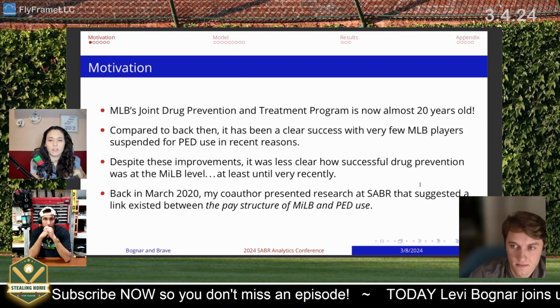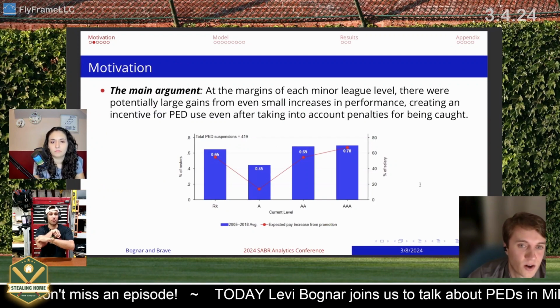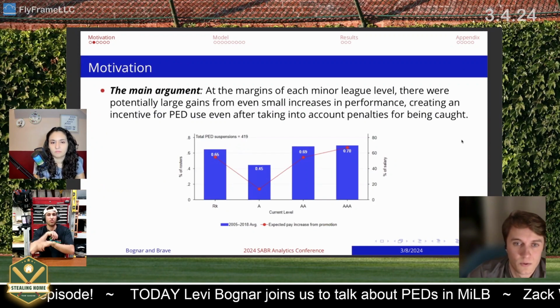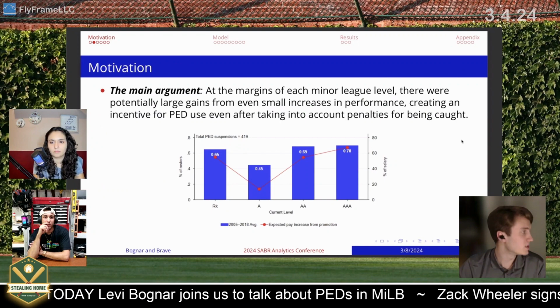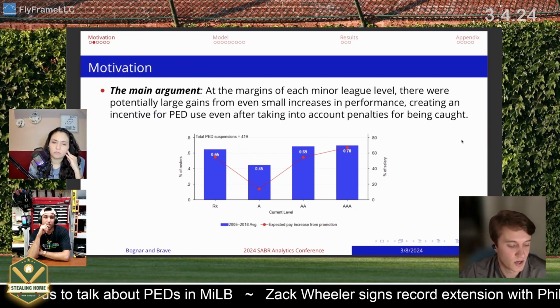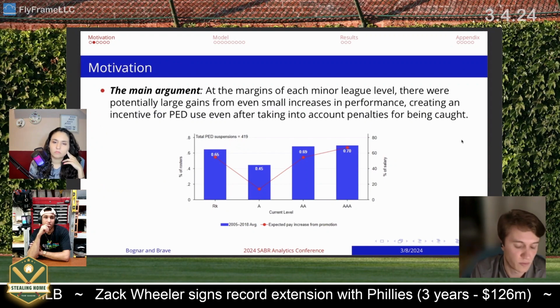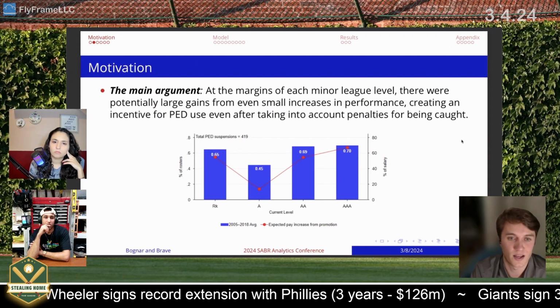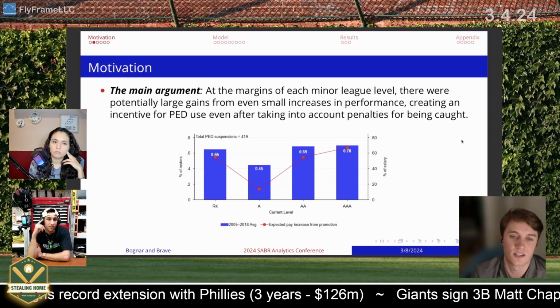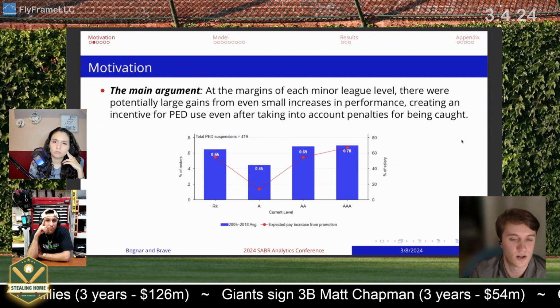Yes. Okay, cool. Essentially the main argument Scott wrote down was that at the margins for each minor league level, there are large pecuniary gains in your wages from increasing a level. Because of this, there's a huge incentive for PED use across all levels.